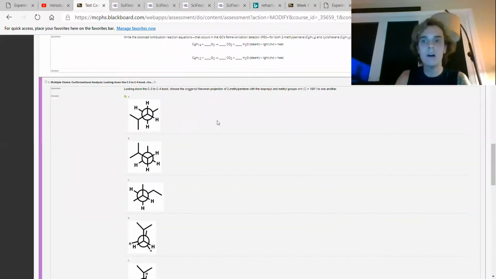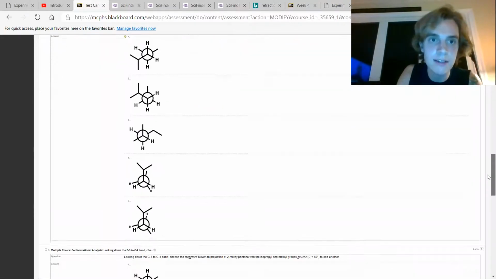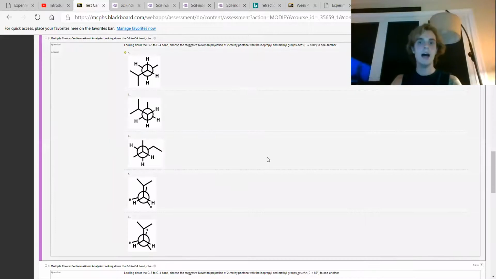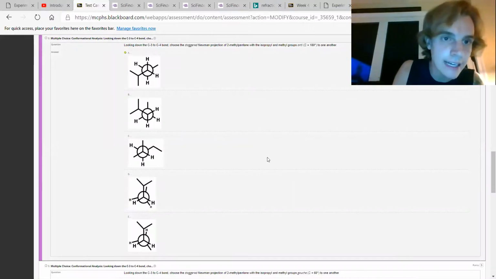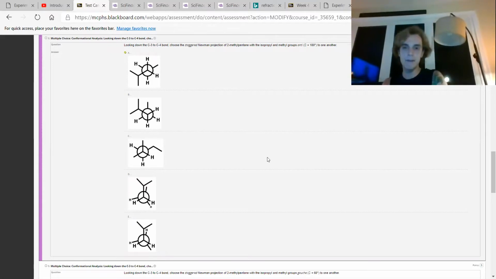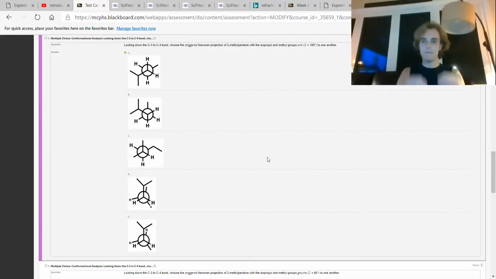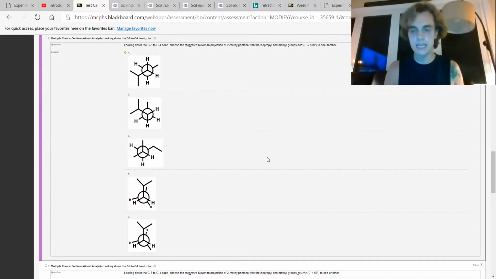Lastly, before I touch again upon balancing equations and the math, because I know that was a confusing section, I will touch upon the last questions here, 8, 9, and 10, because they're all essentially the same. They're all about identifying proper Newman projections. Now, unfortunately, I don't have a model kit with me to demonstrate proper Newman projection orientation.